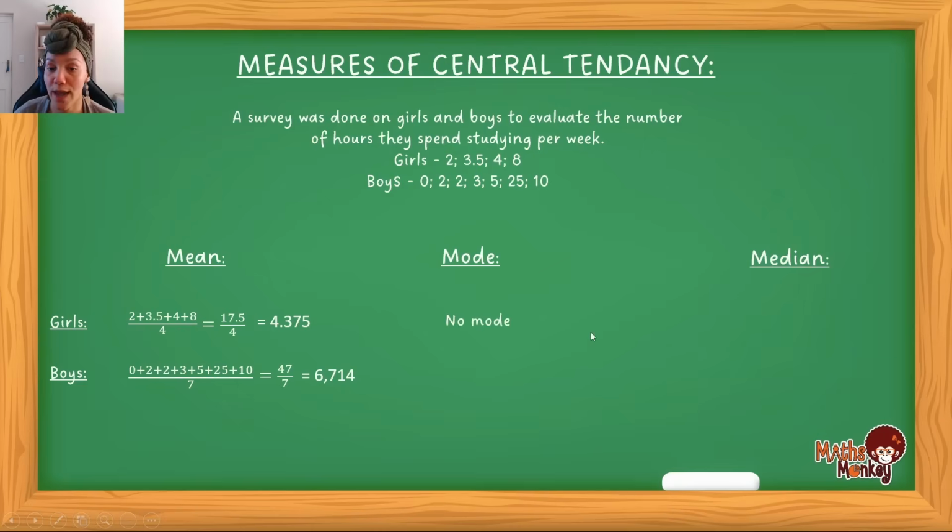That means we have no mode, and this is how you would answer it in an exam as well: no mode. Then for the boys, if I look at this data, you see that 2 is the one that appears the most. So our mode for the boys would be 2. Simple, easy peasy. Then we have the median.